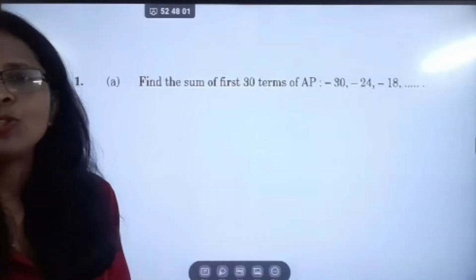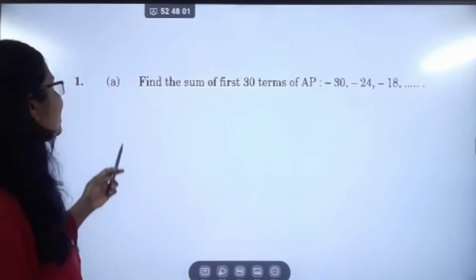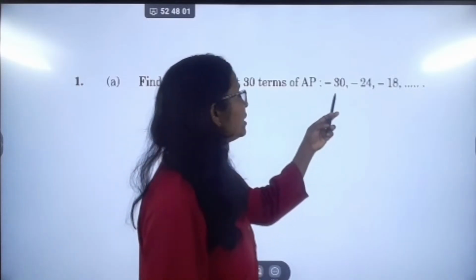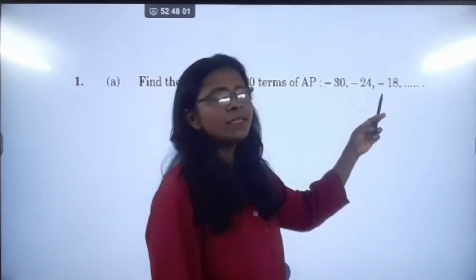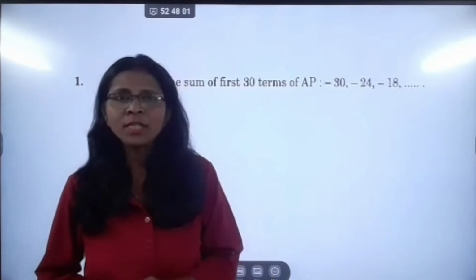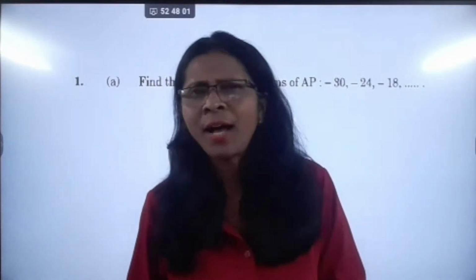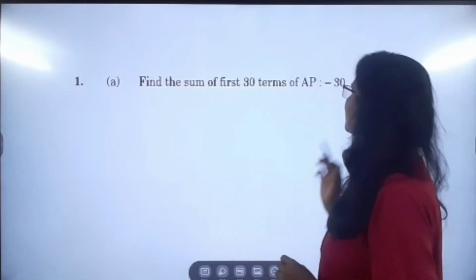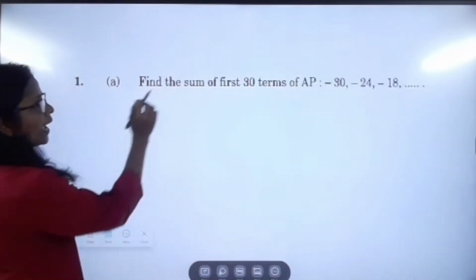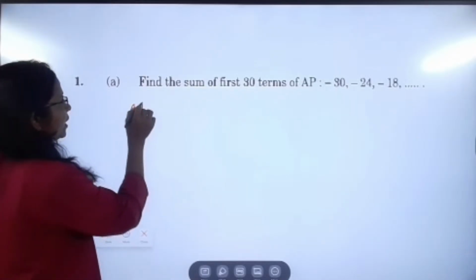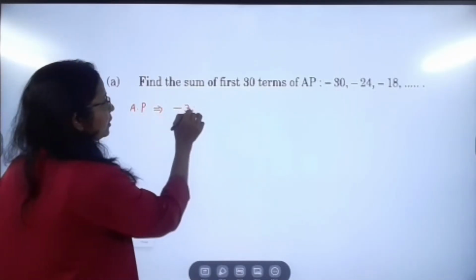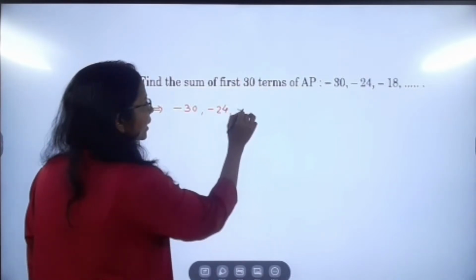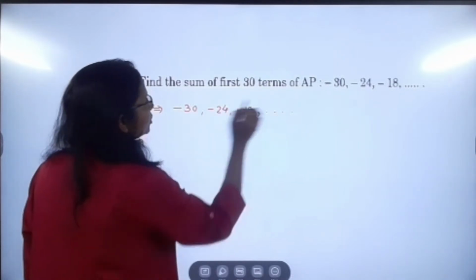The first question is: find the sum of first 30 terms of minus 30, minus 24, minus 18, dot dot dot. Here we have been given the AP minus 30, minus 24, minus 18, and so on.